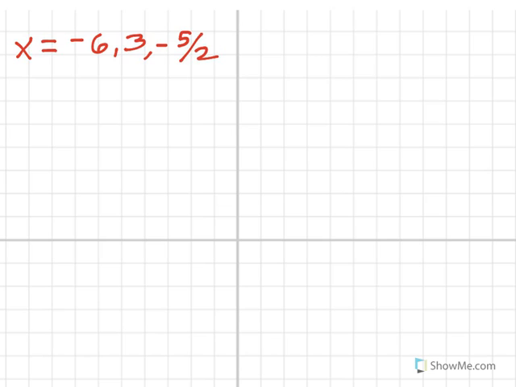Alright, so my first step is to graph these zeros. Negative 5/2 is negative 2.5. Alright, so we had a cubic function and we have three zeros. That totally applies. The next thing we need is our end behavior.